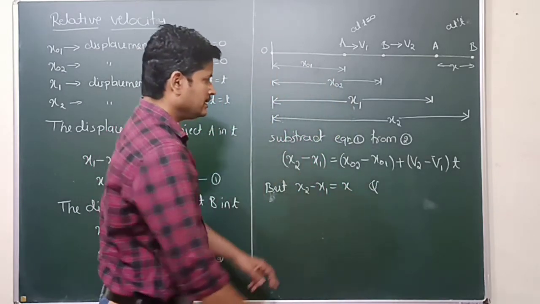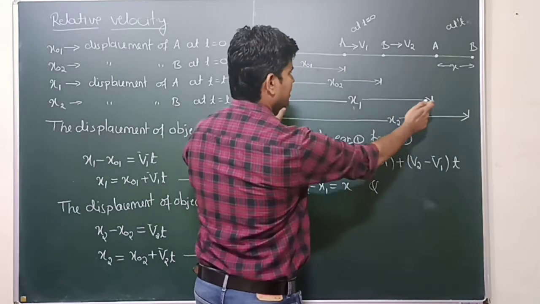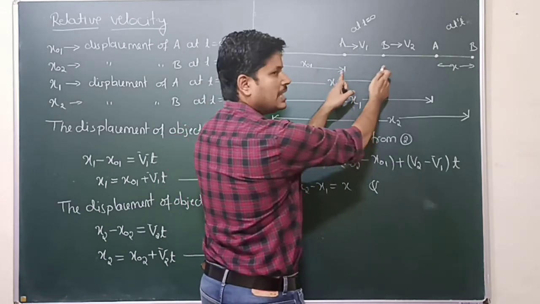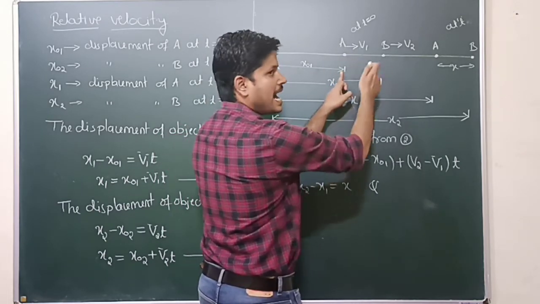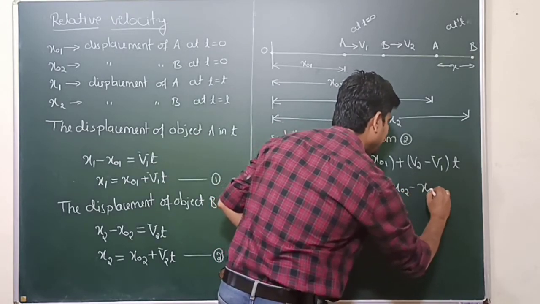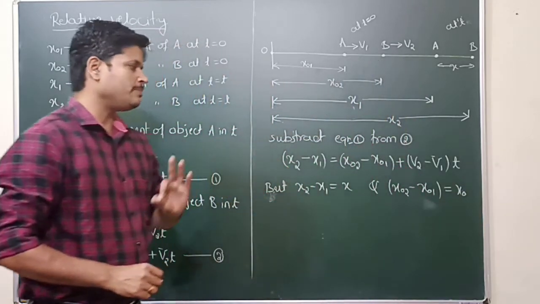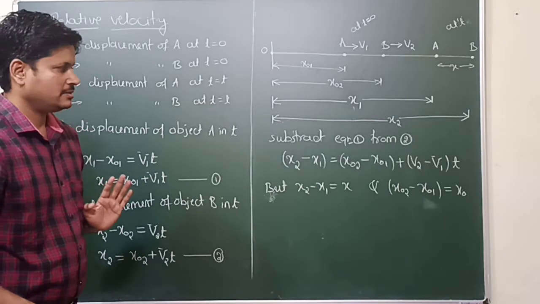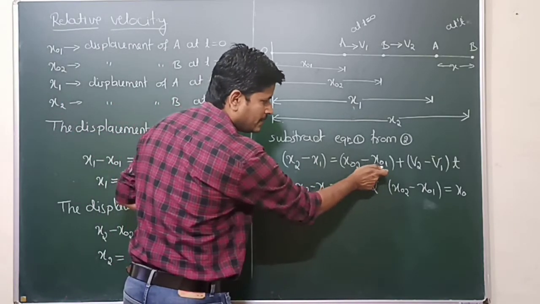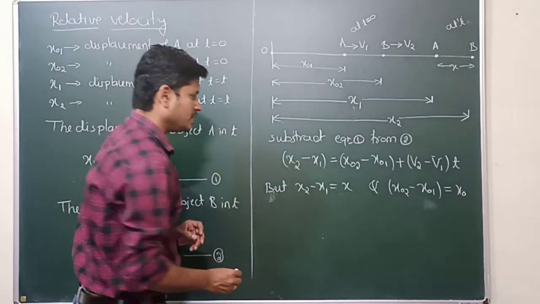And x02 minus x01 means the relative distance between A and B. This is nothing but the initial position of the object.